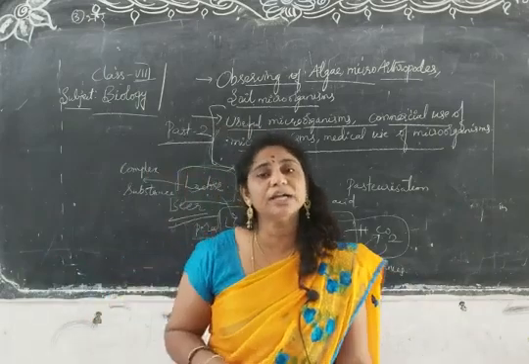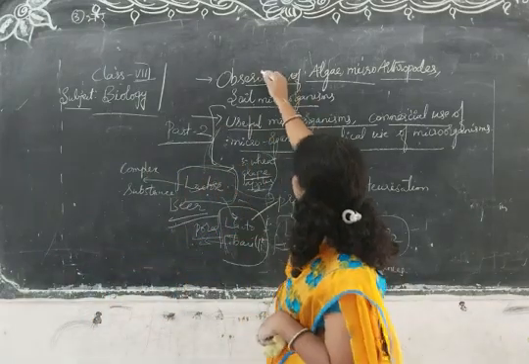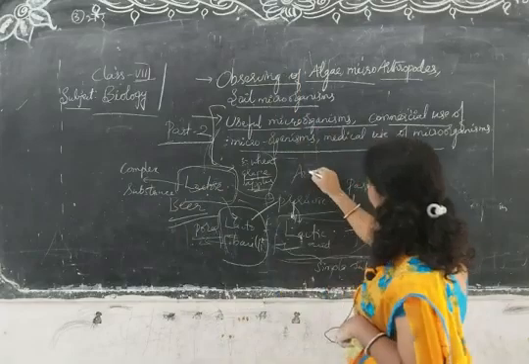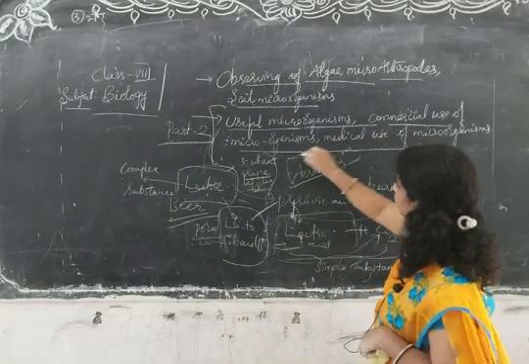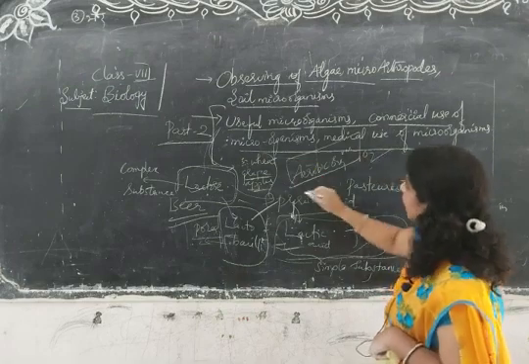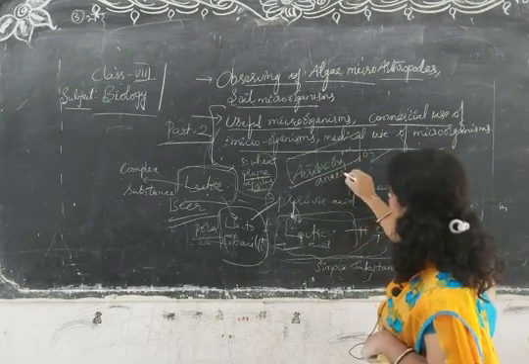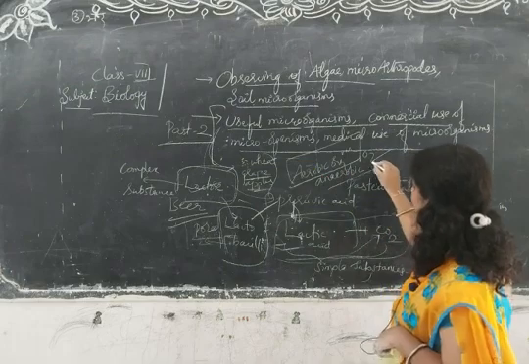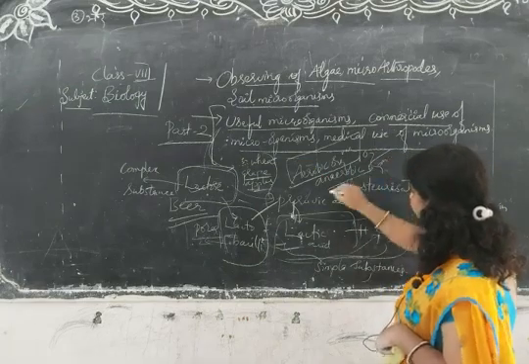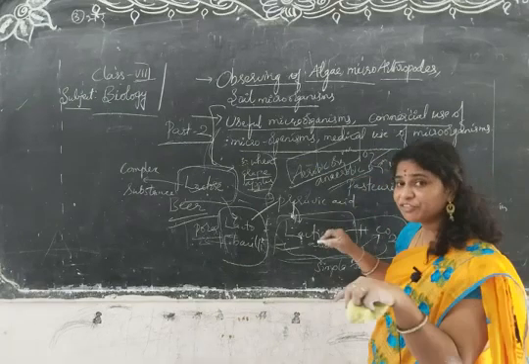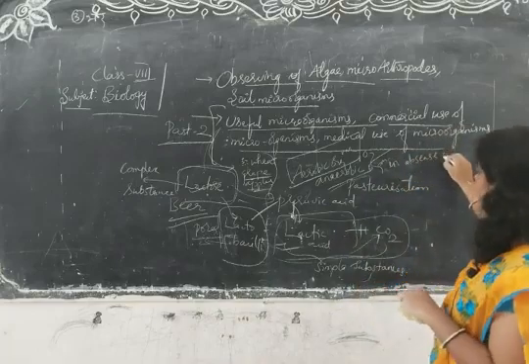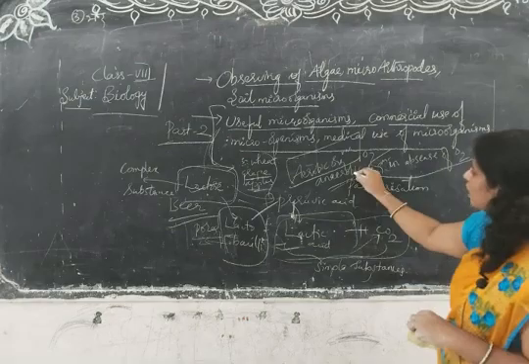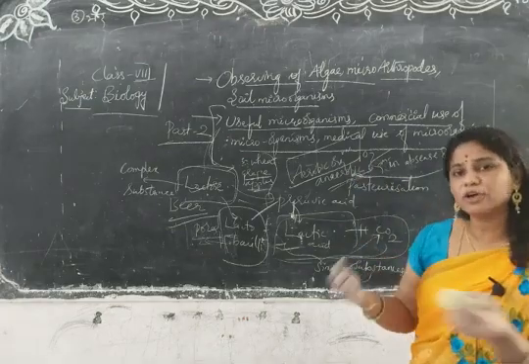Aerobic organisms are organisms which can live in the presence of oxygen. Anaerobic organisms can live in the absence of oxygen also. These are called anaerobes.